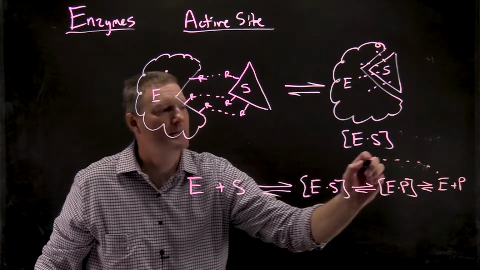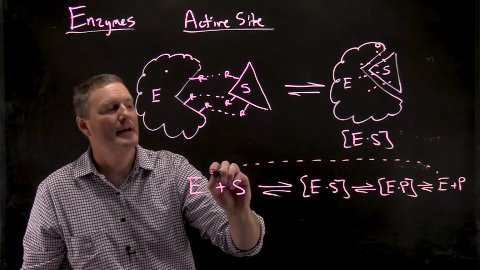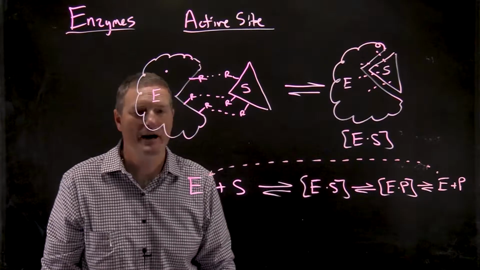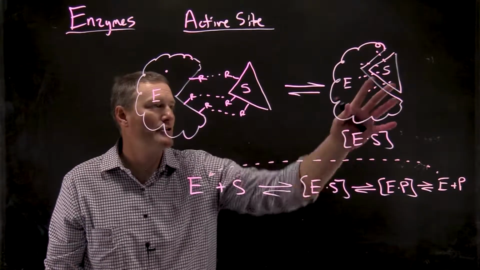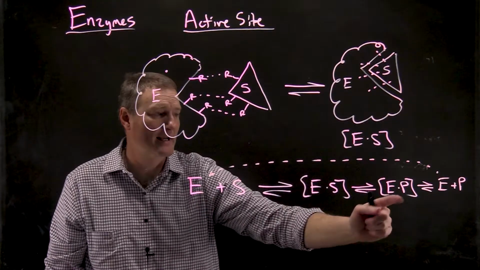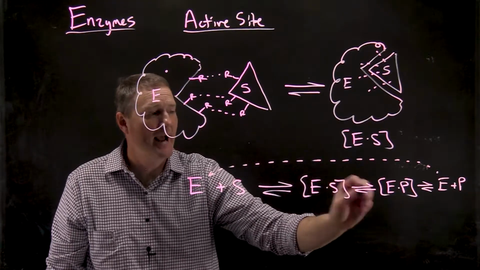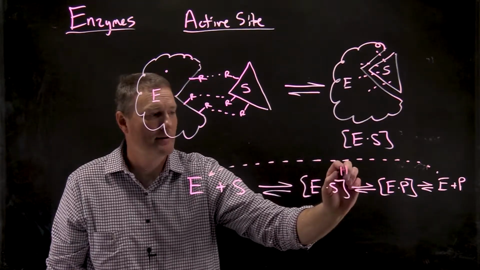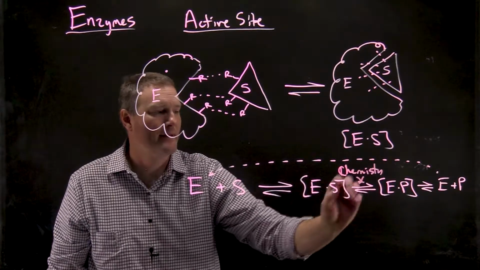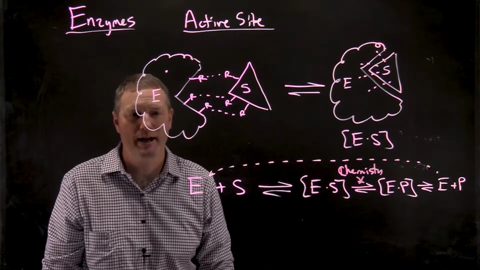And notice the enzyme, since it's a catalyst, is going to be able to recycle and bind another substrate, go through the same process, and so on. So I haven't drawn it here, we'll see this a little later, but if I convert this substrate now to a product, I would get E dot P. The actual chemistry step is happening right here. That's where the substrate's getting converted to product.